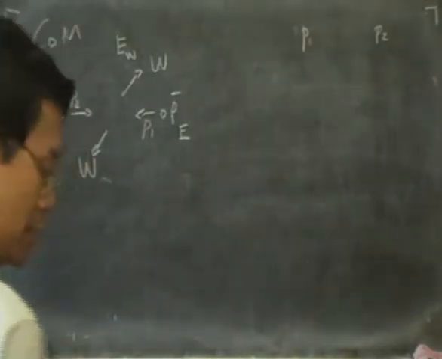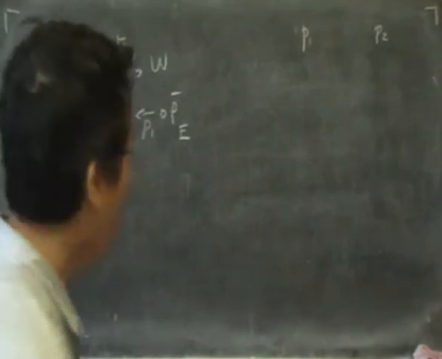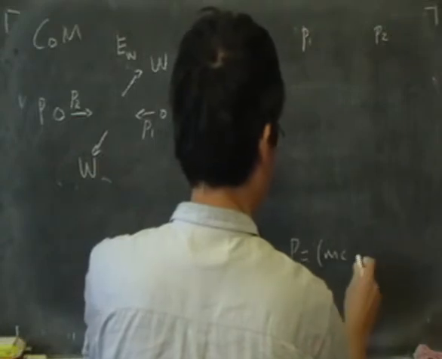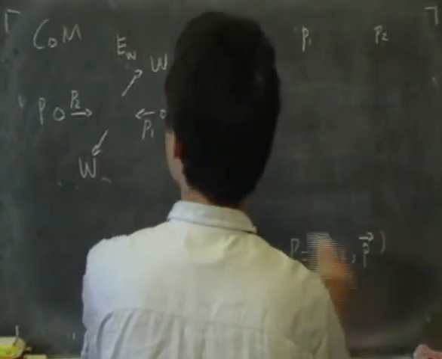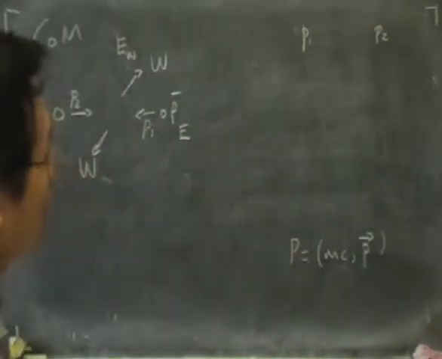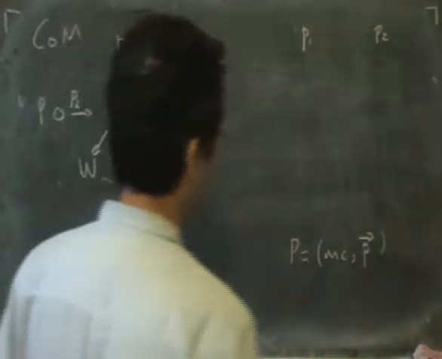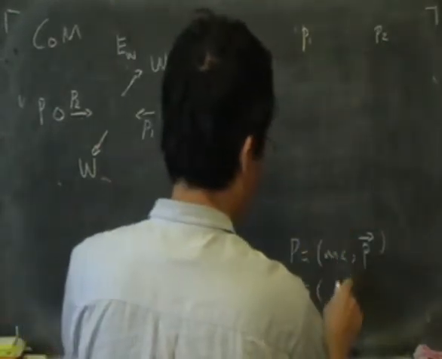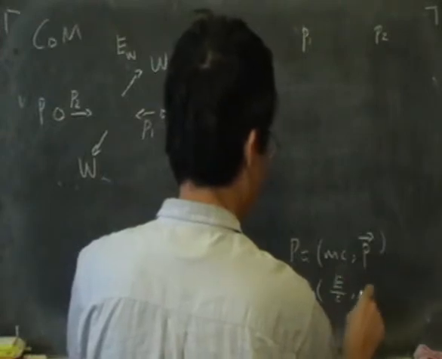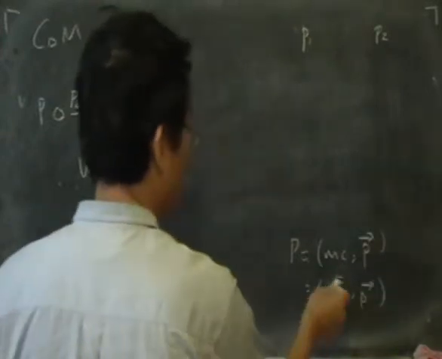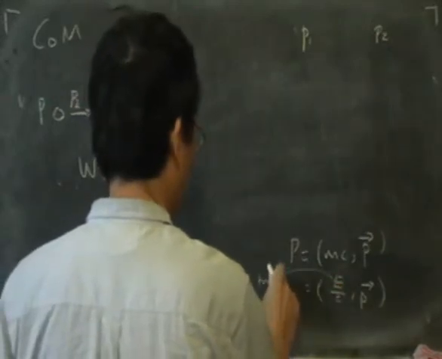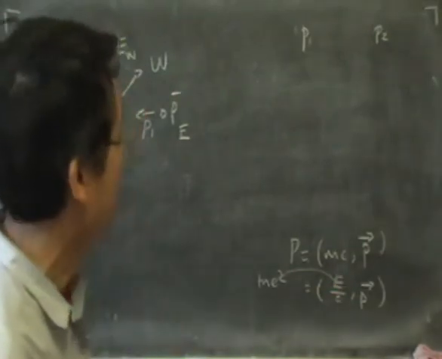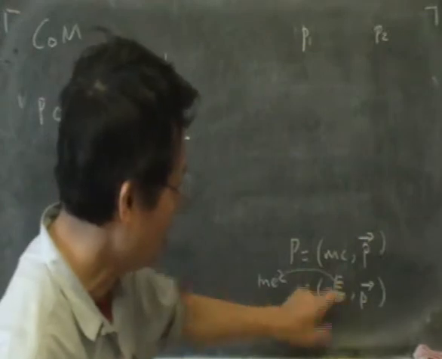Now if you recall the expression that I wrote down for four-momentum earlier on, it looked like this: (mc, p). Now write this in a form that makes it easier to do the algebra. I'll write mc as E over c. That's okay because E is equal to mc squared, so mc squared over c is the same as mc. So I'll use E over c for mc.